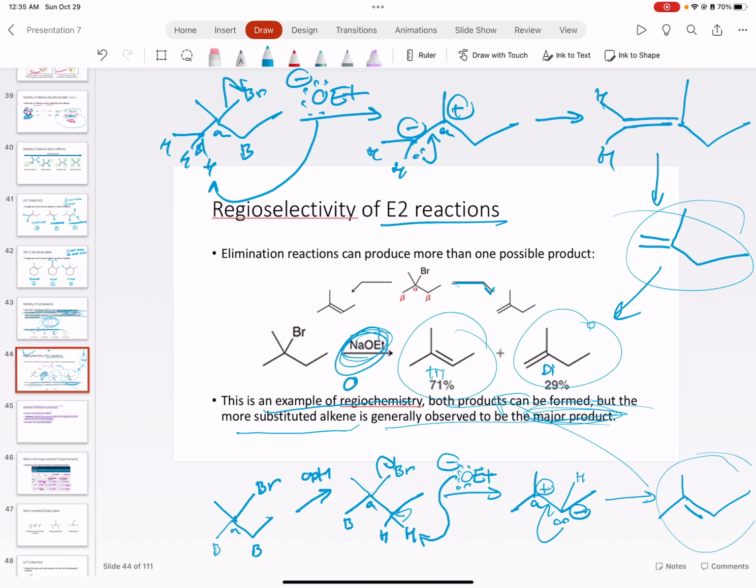If you were to draw this one, you could see that it's not bulky. This is an ethyl, so it's a 2-carbon methyl and ethyl, and you would see that one's not bulky at all. So that means that our more substituted is going to be our major product. Well, if that one was really big, then if our base was really big, it would be the opposite. Our major product would be the less substituted.